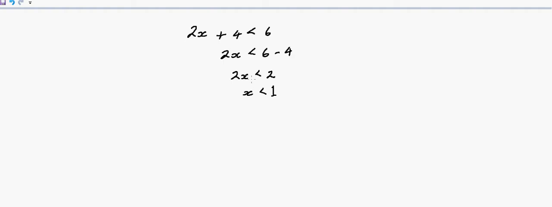Okay, so whenever you see this, don't panic. So if we've got 3 bracket x plus 2 is greater than or equal to 12, okay, I really don't care about this. So 3 times x is 3x, 3 times 2 is 6. Write their sign.